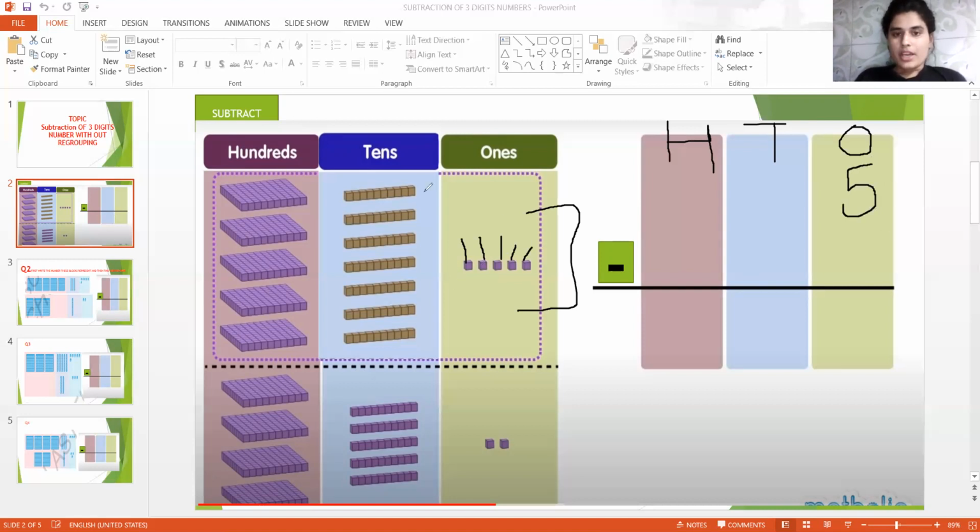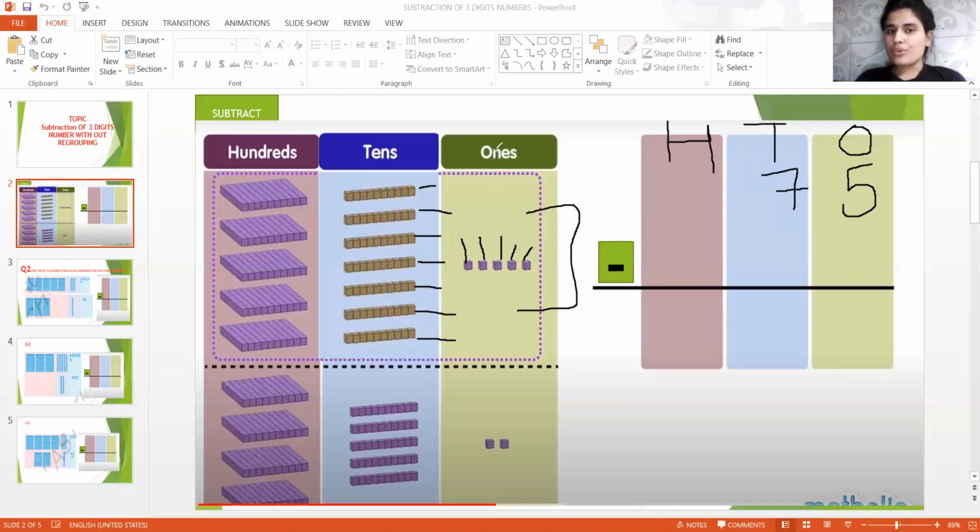Then we move to tens. How many tens? 1, 2, 3, 4, 5, 6, 7. How many tens? 7. So we write 7 over here.